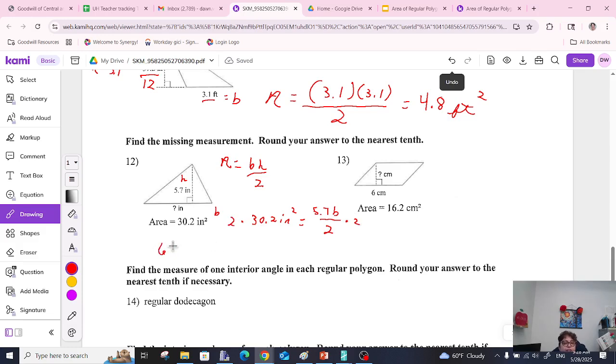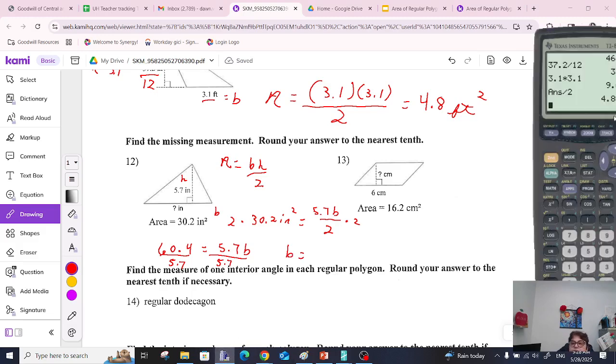This would be 60.4 is equal to 5.7 times the base. You divide by 5.7, divide by 5.7, and base would equal, what is 60.4 divided by 5.7?